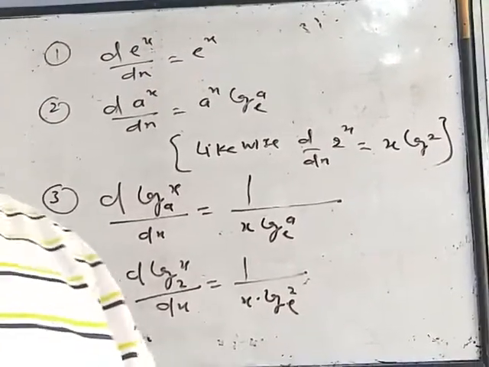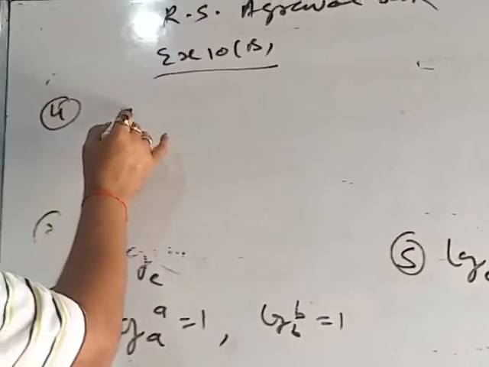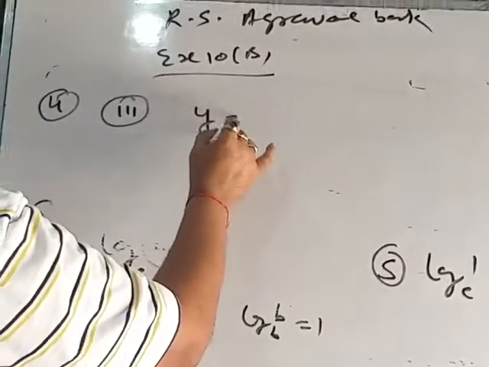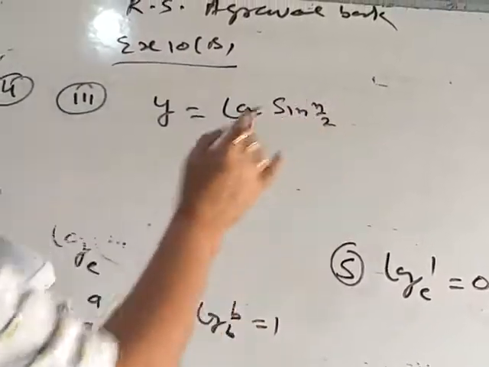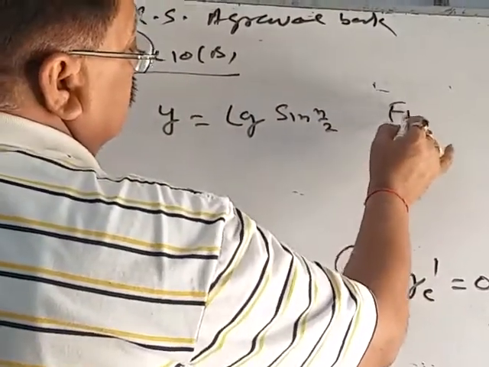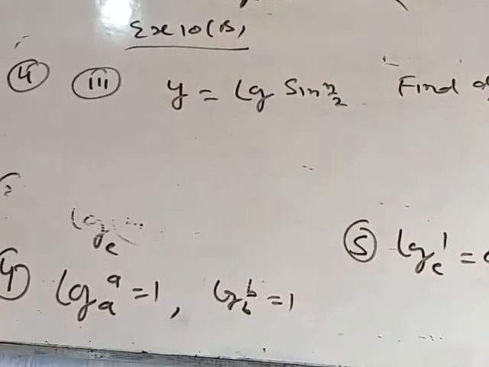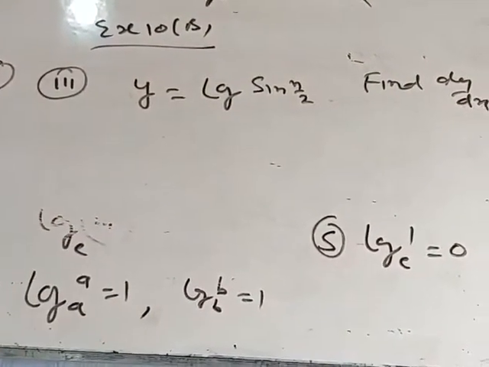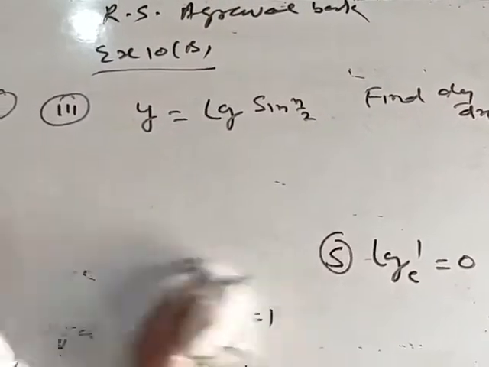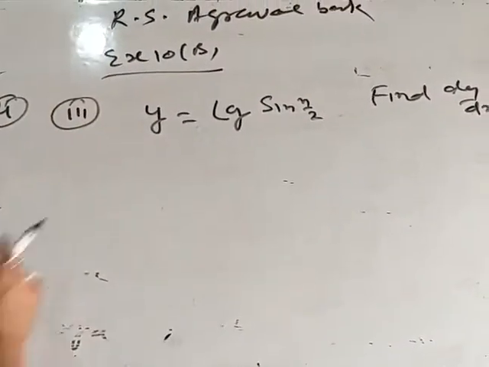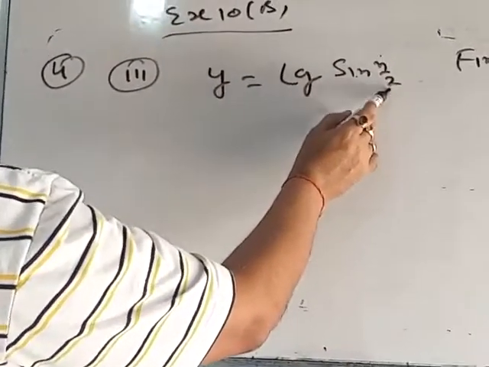Now I am taking question number 4, the third one, y equals log sin x by 2. We have to find dy by dx. So you see, student, for that, log y depends upon sin x by 2, and sin x by 2 depends upon x by 2.